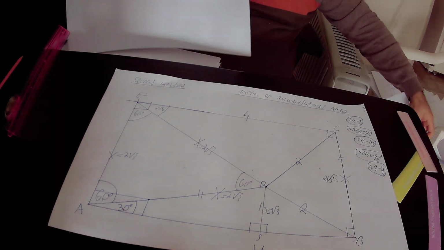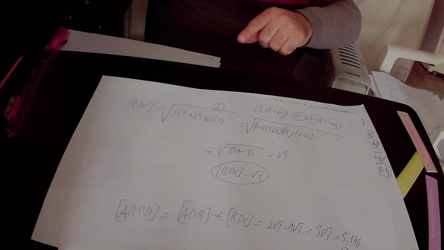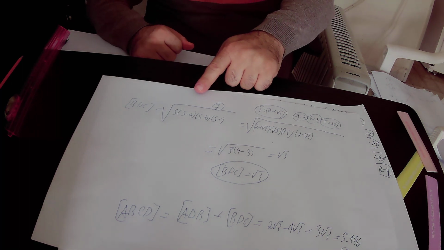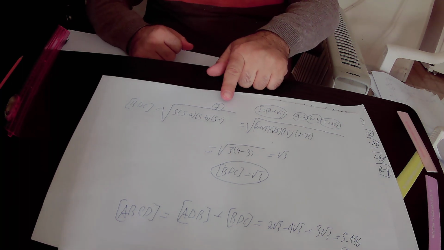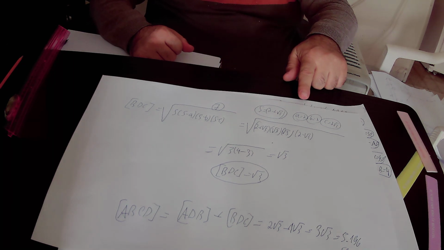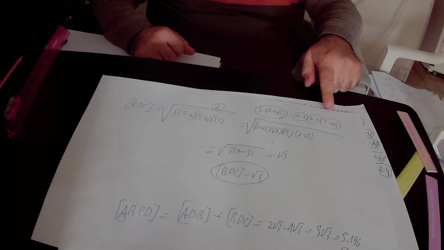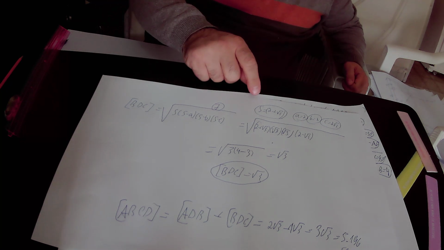And the area of triangle DBC equals the square root of S times S minus A times S minus B times S minus C. S is the semi-perimeter, and A, B, and C are the lengths of the sides of the triangle. A equals 2, B equals 2, and C equals 2 times square root of 3 units. So we put the data into this equation.